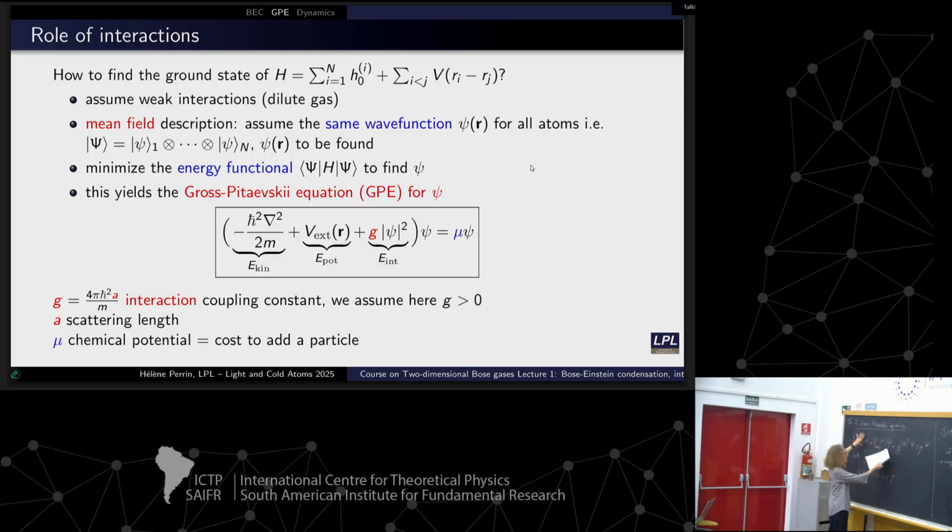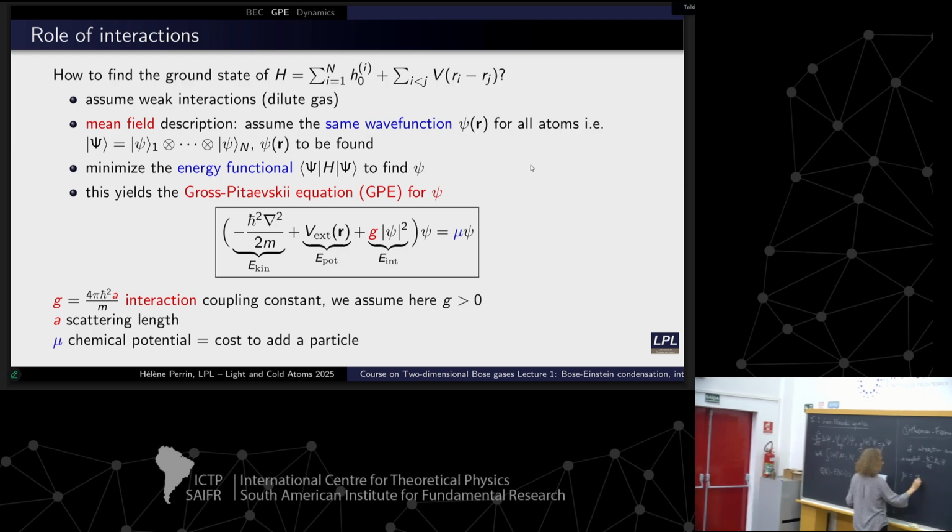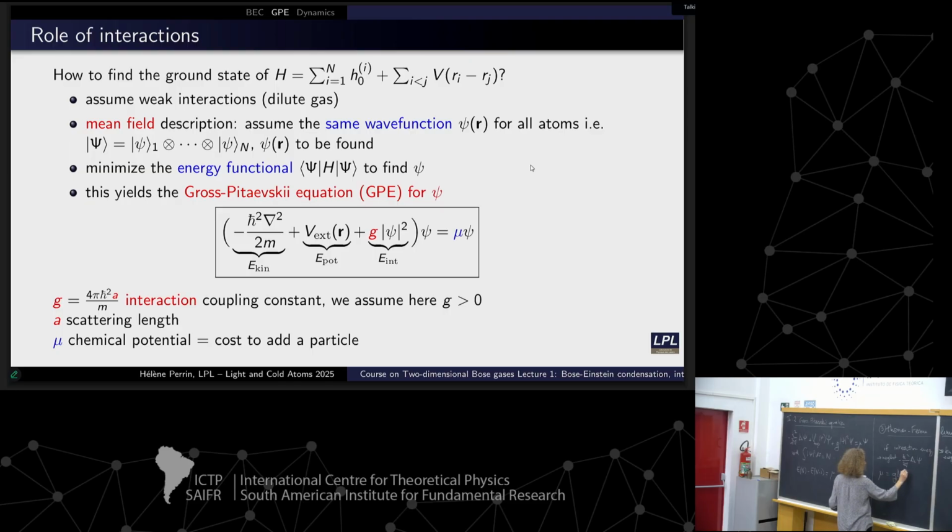You see that I can simplify the equation by psi, and I just obtain that mu is equal to g times psi squared plus V trap of r. And so psi squared, this is the density, because the integral of psi squared is the total atom number. So we can write psi squared as some density of r.